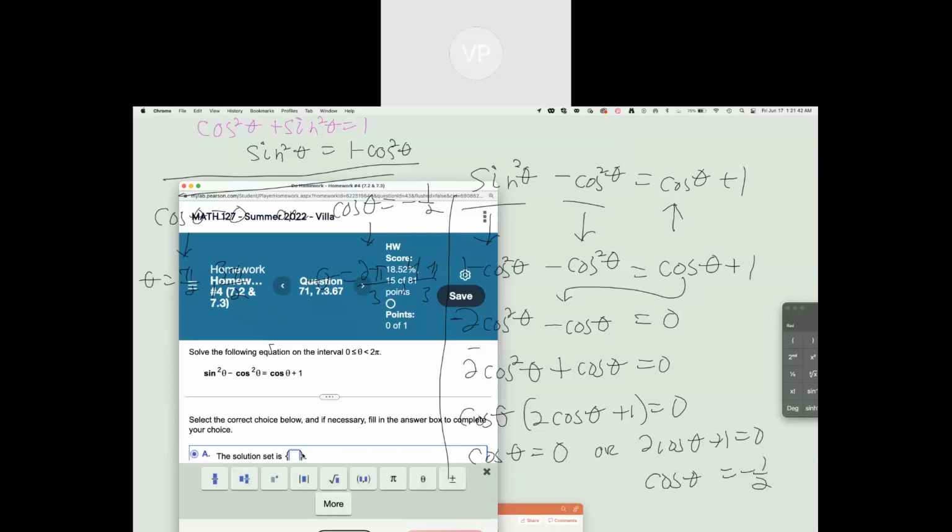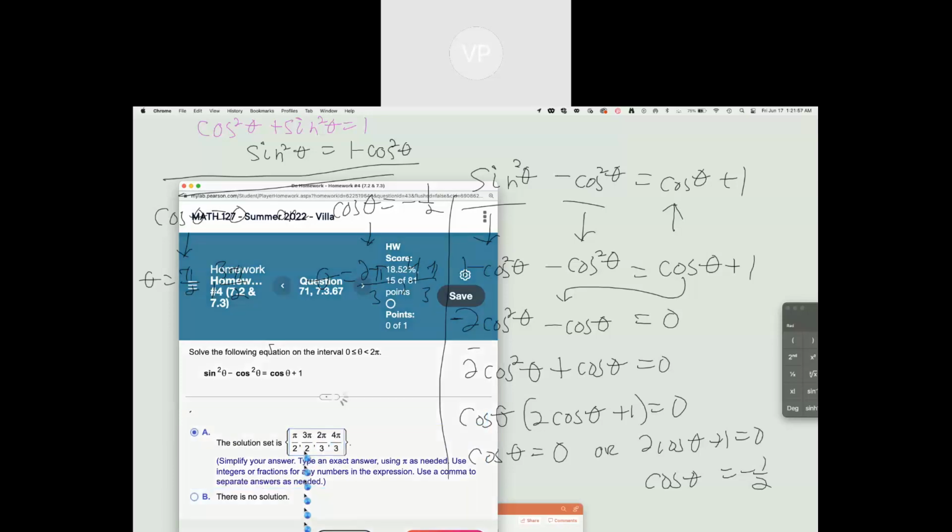Now they don't have to match. They come from different places. So we get a pi over 2, a 3 pi over 2, a 2 pi over 3 and a 4 pi over 3. And there's our 4 solutions.